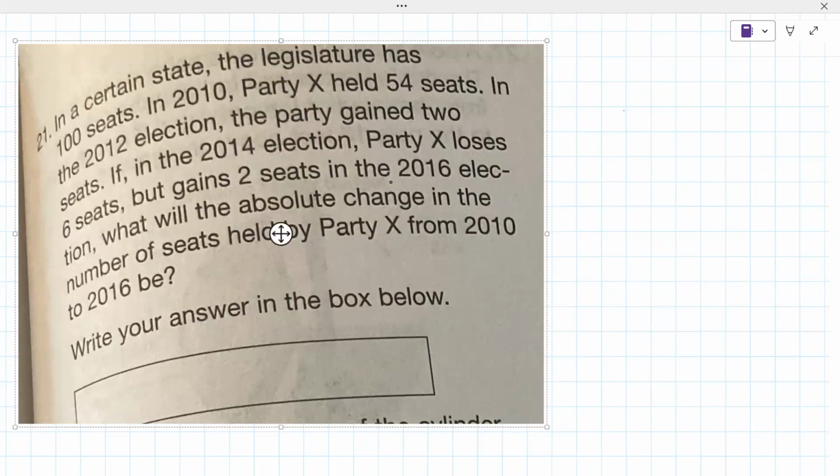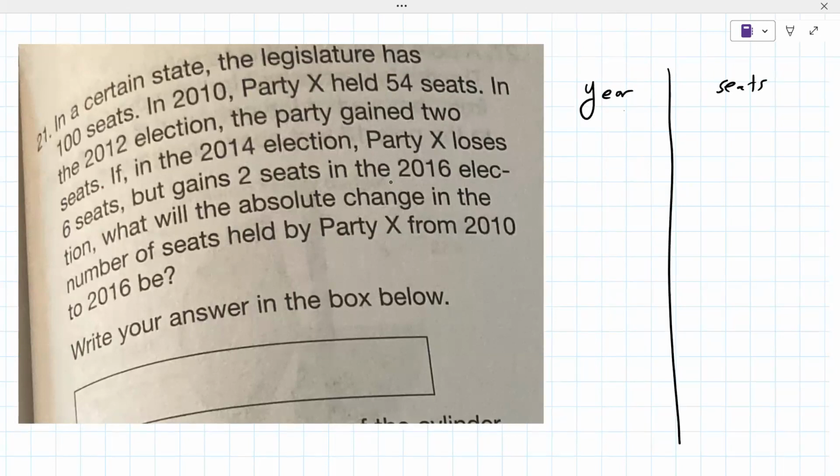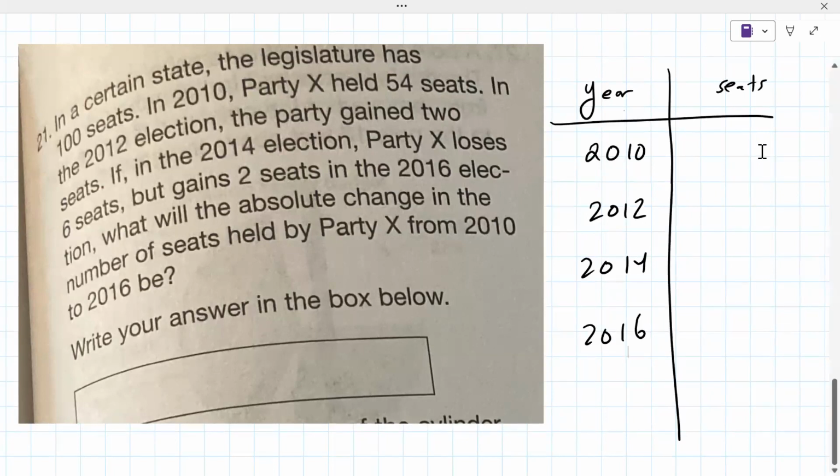So what you really need to know here is, and you could make a little table. You could say, okay, year and seats. I think this would be a good exercise for you, go ahead and read it, but give me the number of seats in each year here. So 2010 had 54, 2012 had 56.